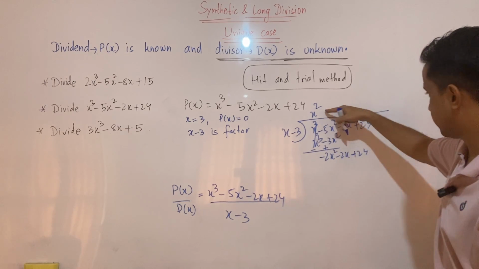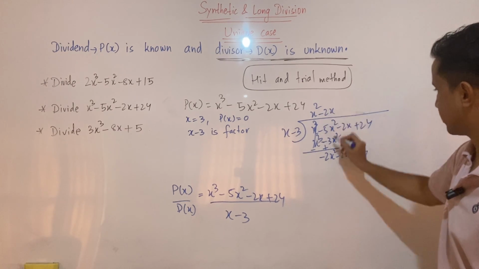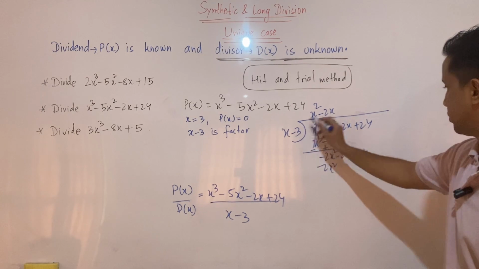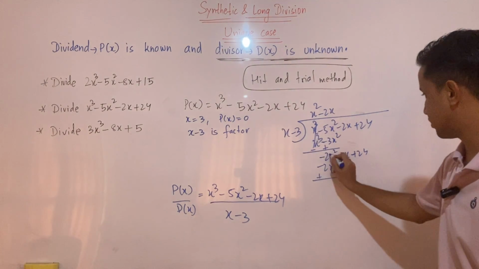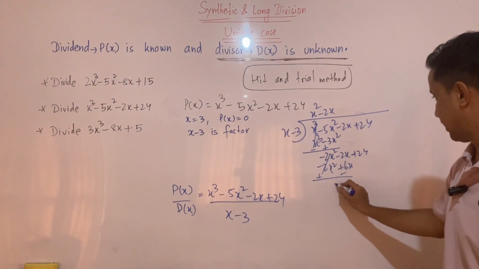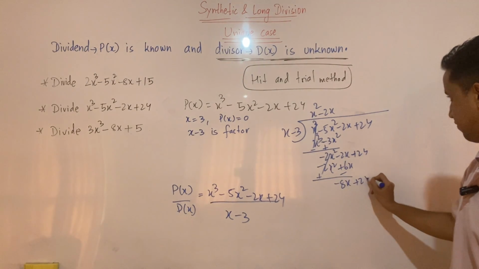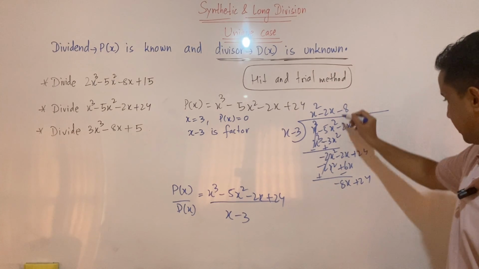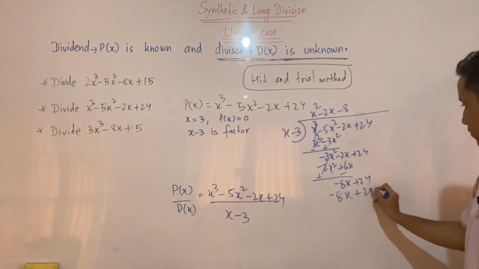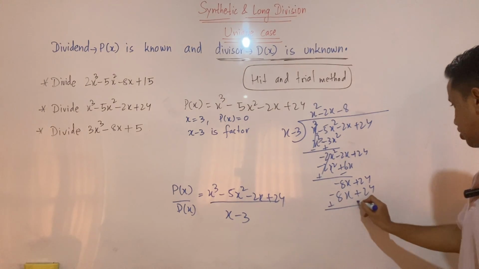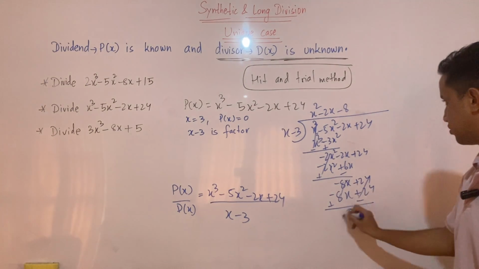So here would be minus 2x: minus 2x squared plus 6x, sign changed, cancelled out, minus 8x plus 24; minus 8x plus 24, sign changed, cancelled, 0.